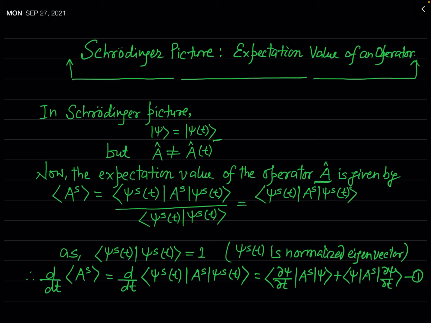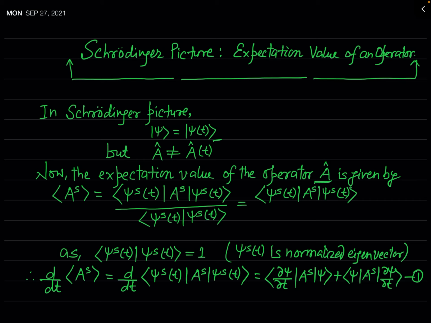So the basic definition of an expectation value of an operator is like this. In the state, let us say psi s, it is defined as bra psi s of t, a hat, ket psi s of t, over the scalar product of psi s with psi s. But as you know, this state vector psi s is actually a normalized eigenvector.